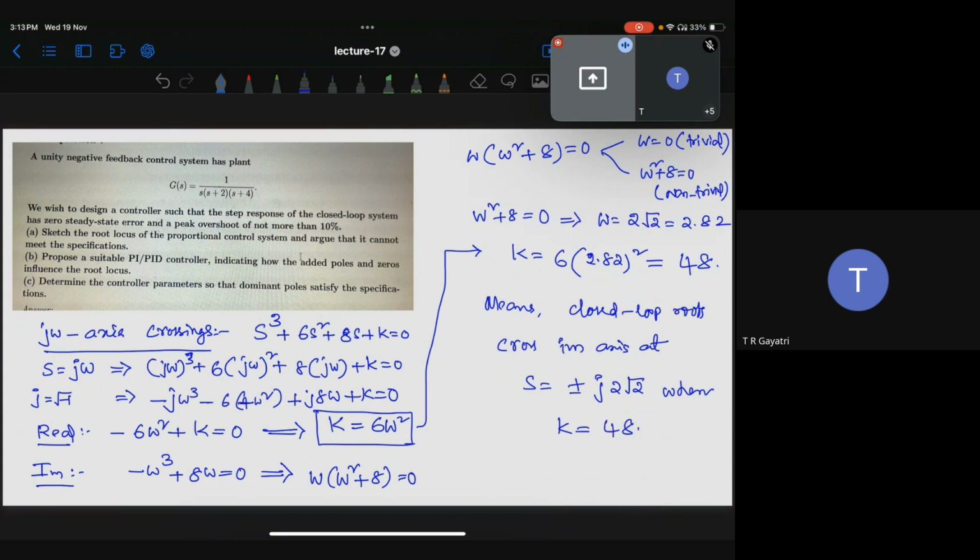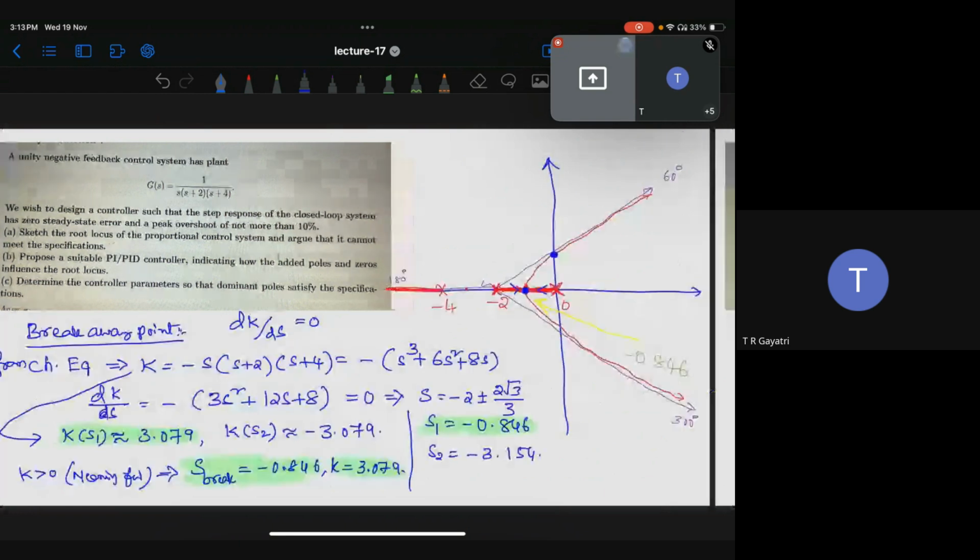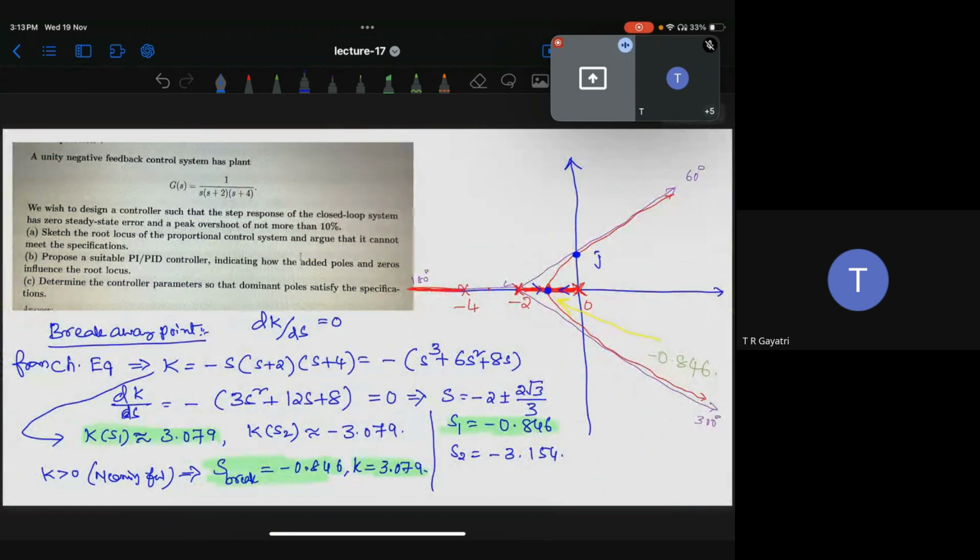Is this clear? This point is j2 root 2, this point is minus j2 root 2. At these, k is 48. Is that clear?